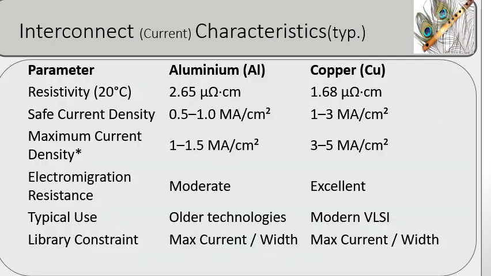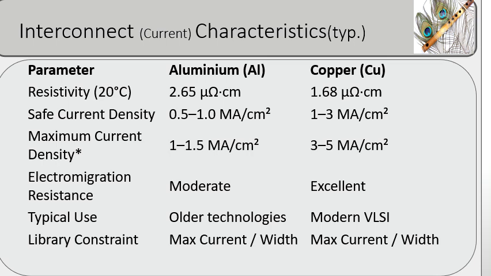Modern VLSI interconnects must carry large currents while maintaining low resistance and reliable power delivery. Earlier technologies primarily used aluminium, while today's advanced chips predominantly use copper because of its lower resistivity and higher current carrying capability. Copper safely supports higher current densities, allowing narrower metal lines without excessive voltage loss.